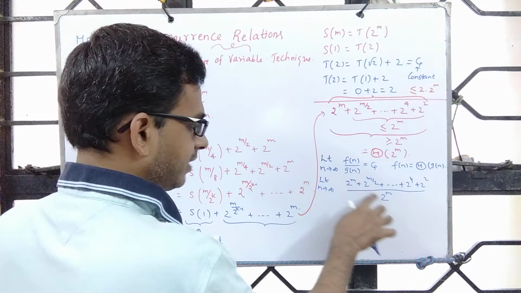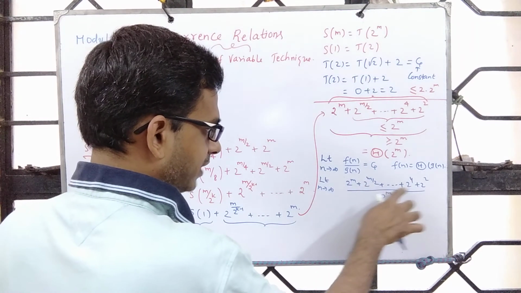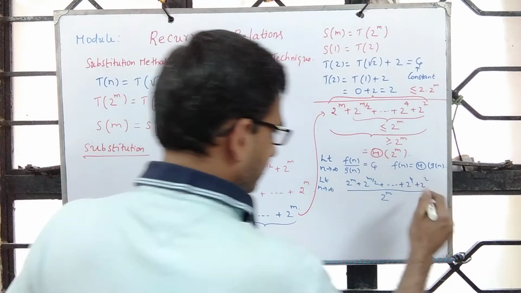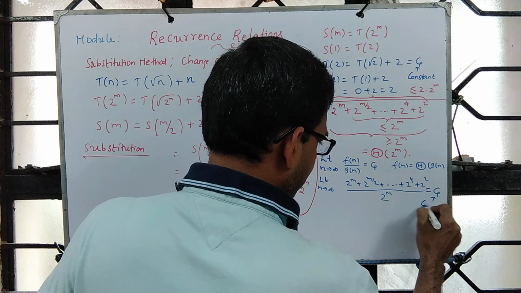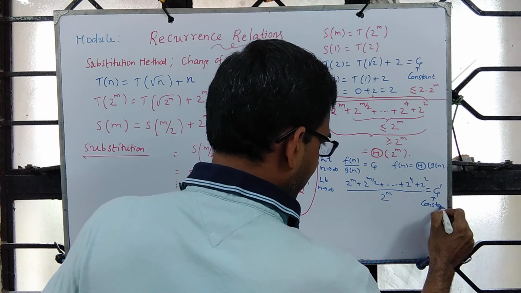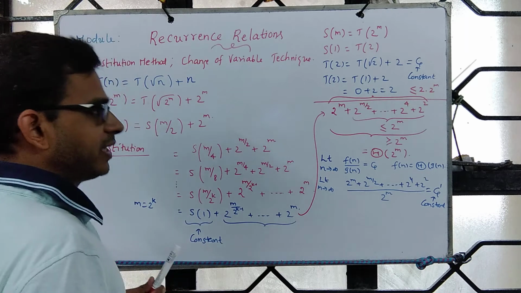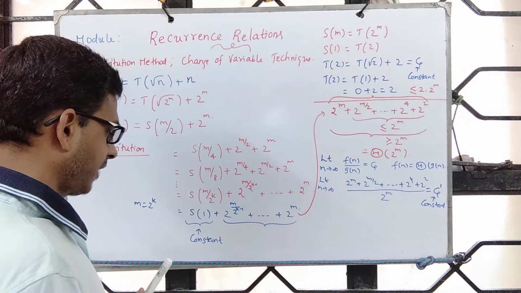So this will be 1, and the rest of them will be 2^(m/2) by 2^m and so on, which is 1 plus something, so that is some constant. I've used c before, so let me use c prime. That shows that this value is theta of 2^m.